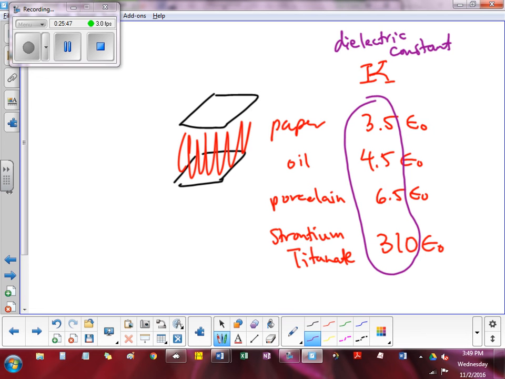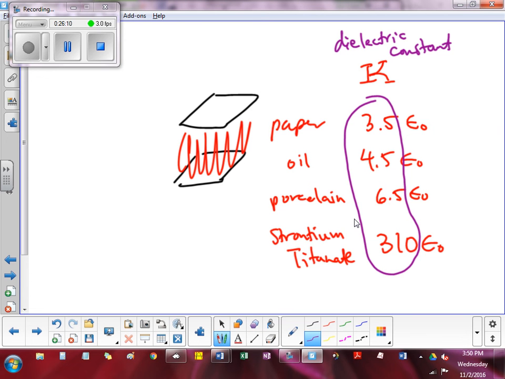But it basically effectively increases our capacitance because it upgrades our epsilon naught to higher by multiplying it by something. Okay, even water is quite a good one, but you have to be careful with the dielectric strength also. Like I was saying, these will eventually break down. Paper will conduct, oil will conduct, porcelain will conduct.